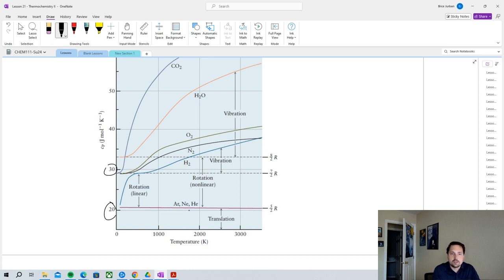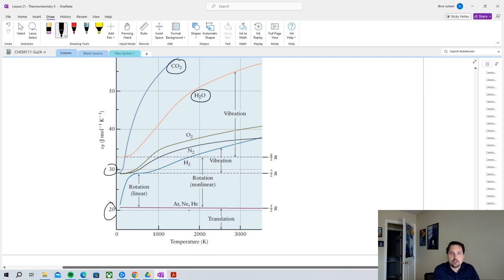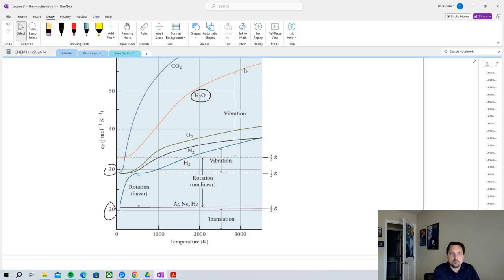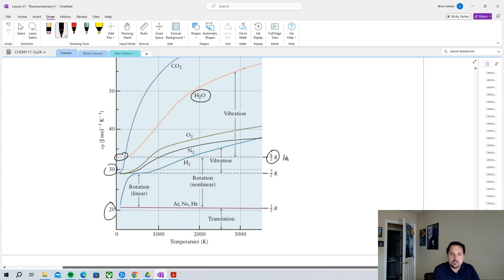And these are like your nonlinear molecules, water and carbon dioxide. Carbon dioxide's linear, but water is nonlinear, and so it starts off at a value that's 8 halves R. So here's nonlinear, linear, and monoatomic.